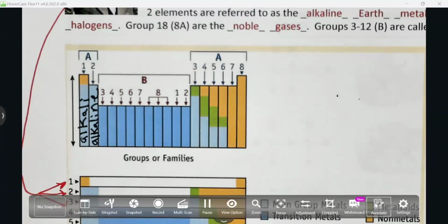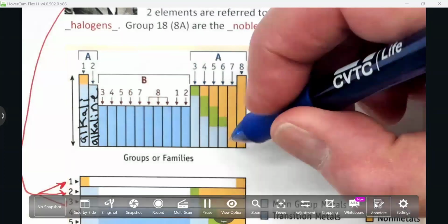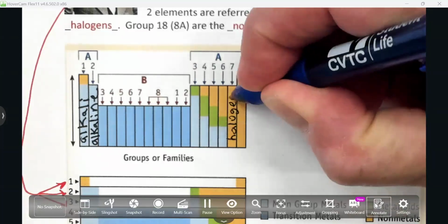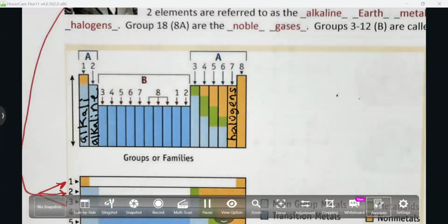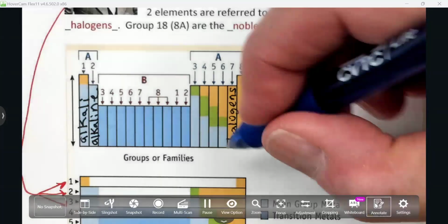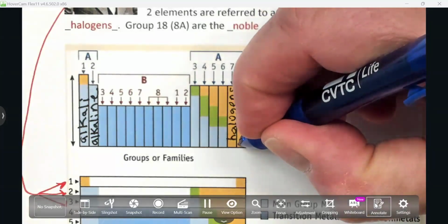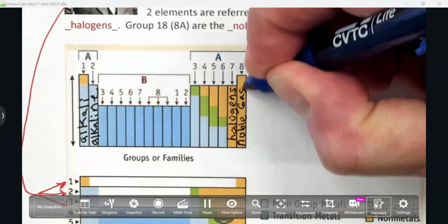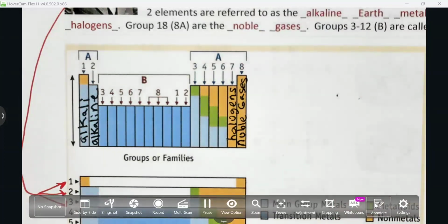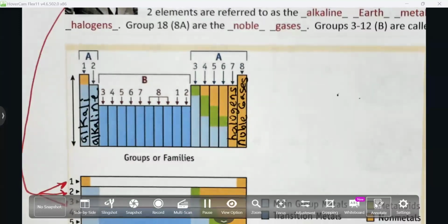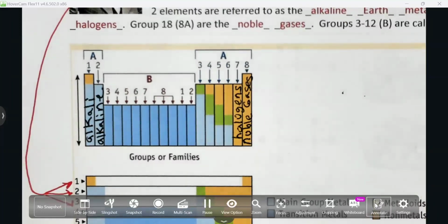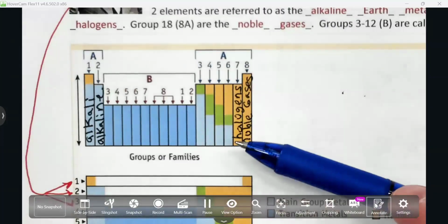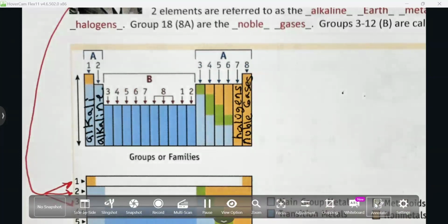Group 17, halogens. And group 18, of course, noble gases. Those are the main ones: alkali metals, alkaline earth metals, halogens, noble gases.